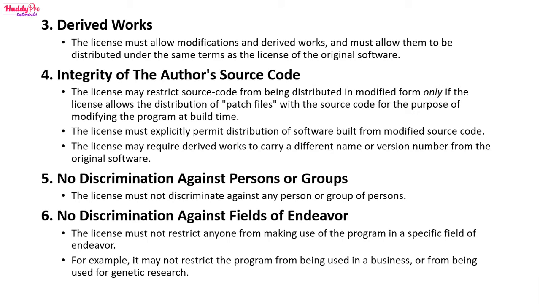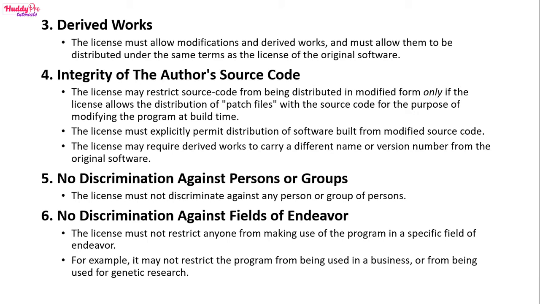So here we mean when you make modifications from the open source software, what you get out of the modification is the derived works, the work that is derived from the software. That derived work has to also follow the same terms as the license of the original software from which it's derived. And number 4, integrity of the author's source code.